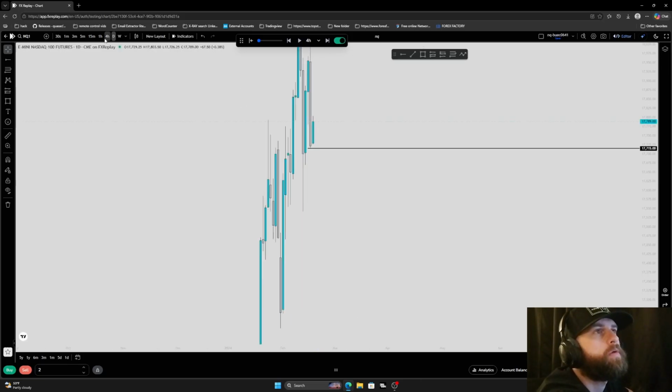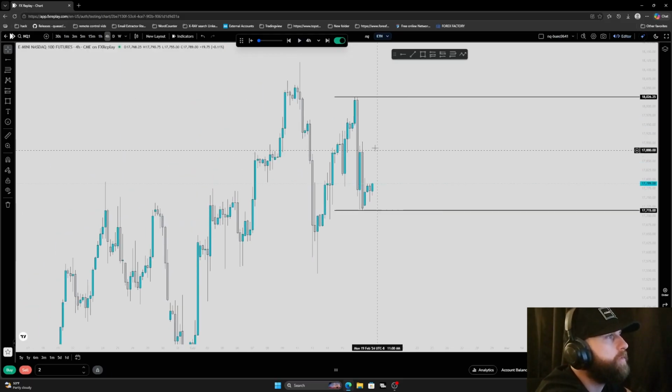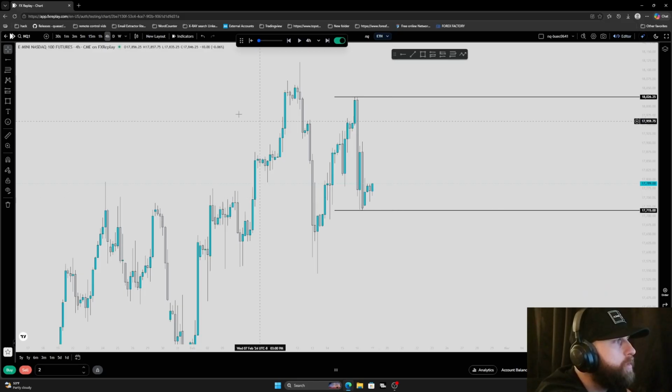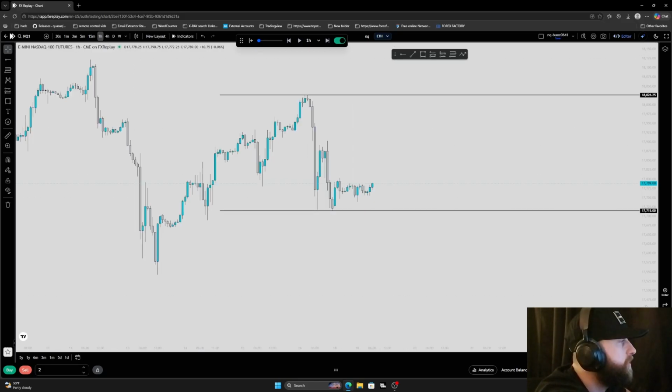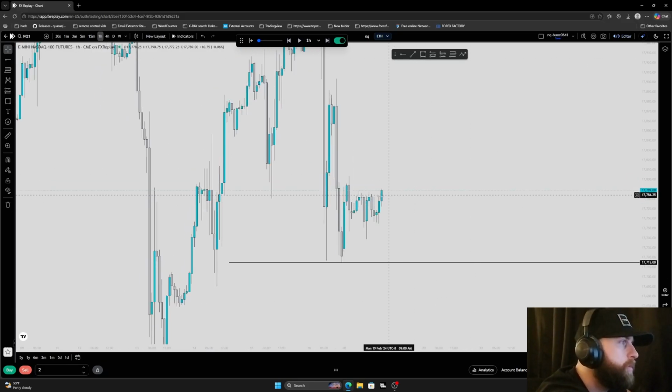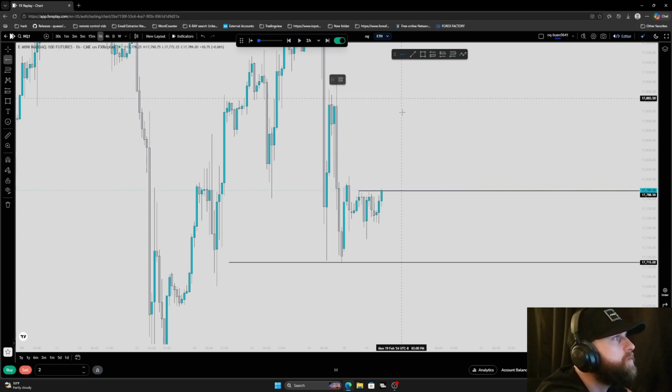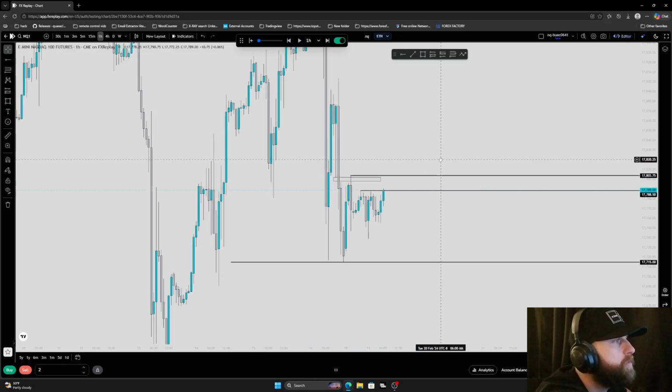Alright. 4-hour. We just tapped this 4-hour and swept out this low. So nothing on the 4-hour. We got this accumulation right here, and we're trading up right now. Just swept out these. Let's see if we sweep this out. This is also an intermediate high as well.